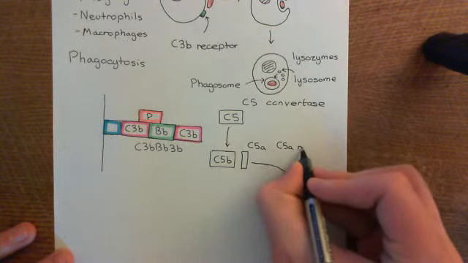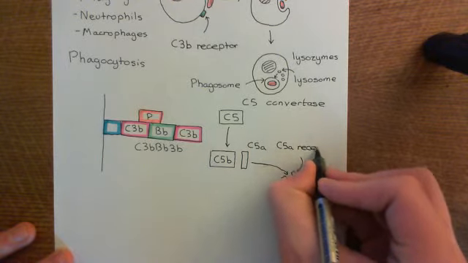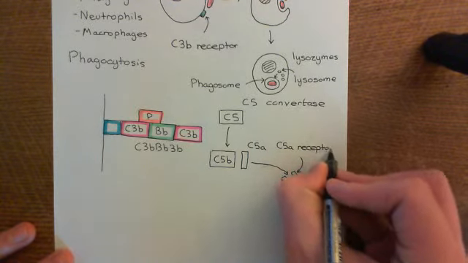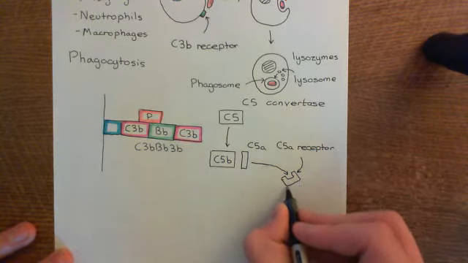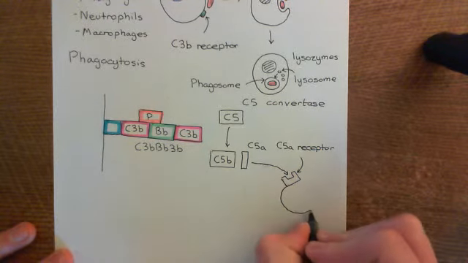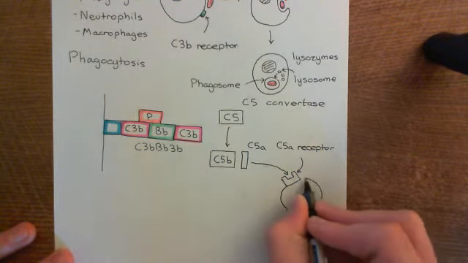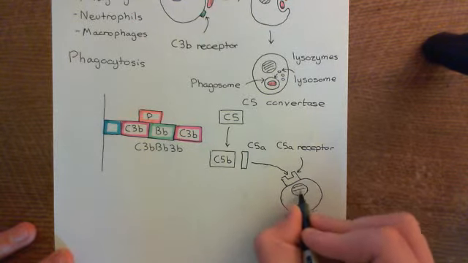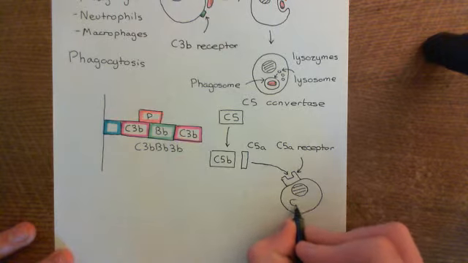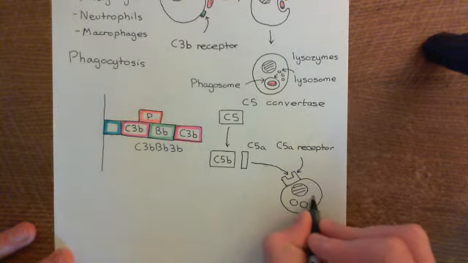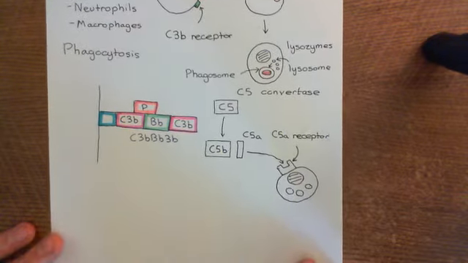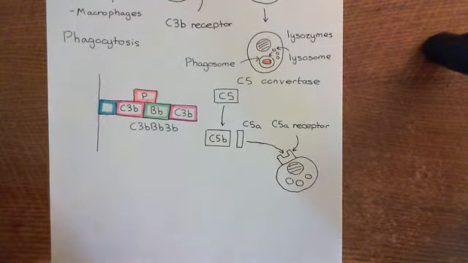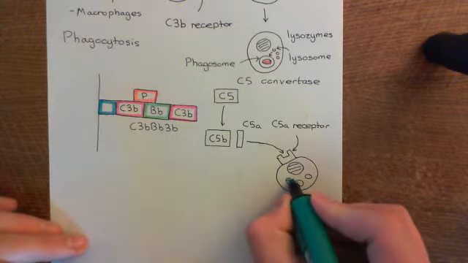And when C5a binds to the C5a receptor on the surface of the mast cell, what this will trigger is the degranulation of the mast cell. So if this is our mast cell here, here's its nucleus, then what you're going to get is the degranulation of these granules which are full of histamine, remember. So I'll put some turquoise dots in them to denote the histamine.